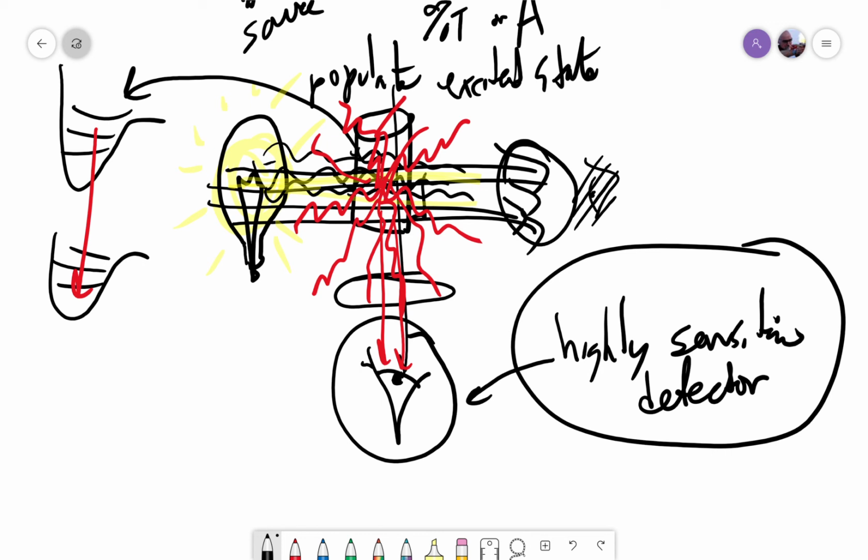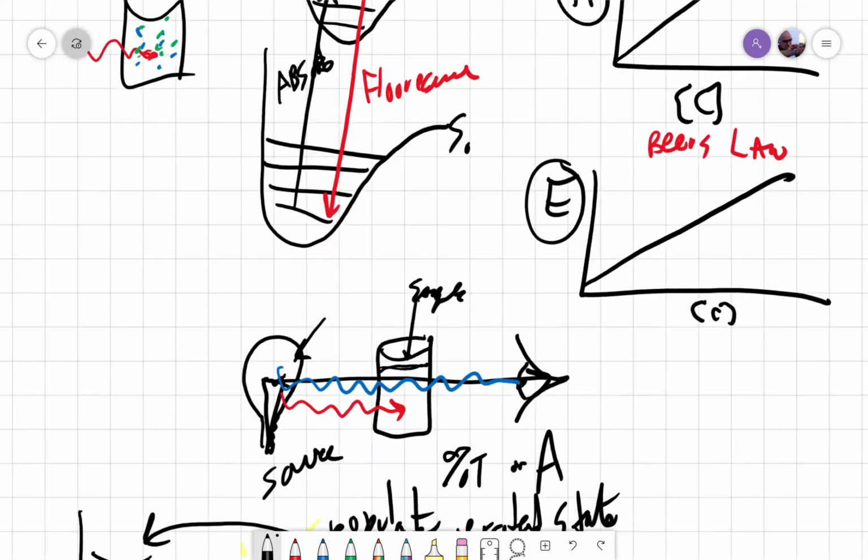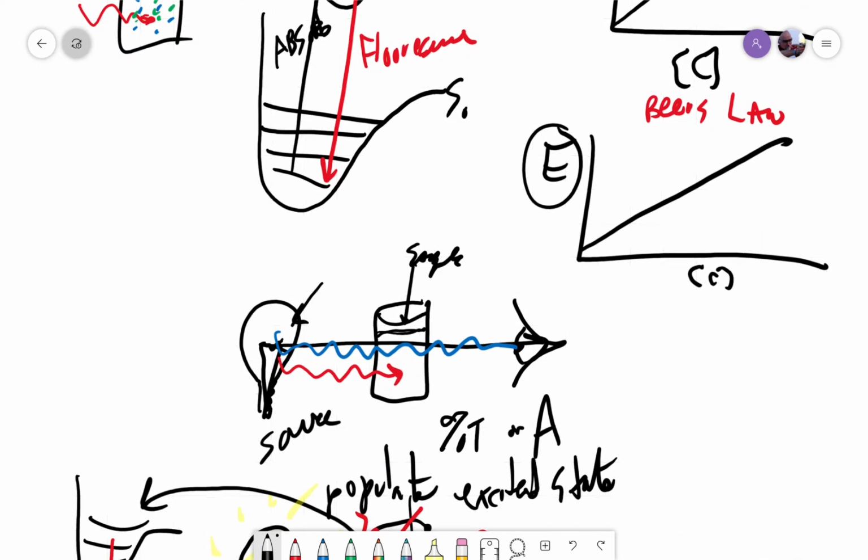So the transducer, the detector, located at 90 degrees to the excitation, can be extremely sensitive, as opposed to an absorbance detector, which needs a really high dynamic range because it has to differentiate between the source and what the source looks like after some of it has been absorbed.